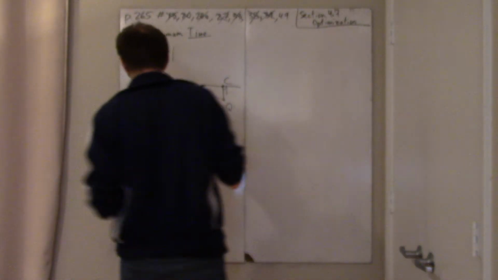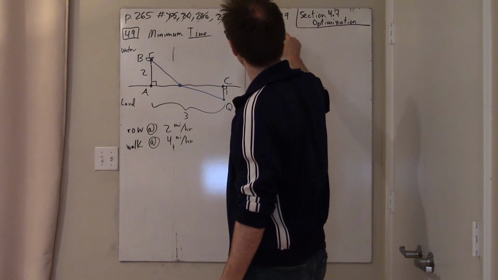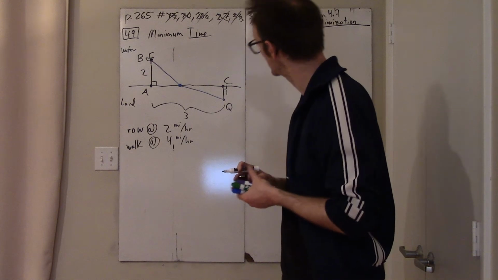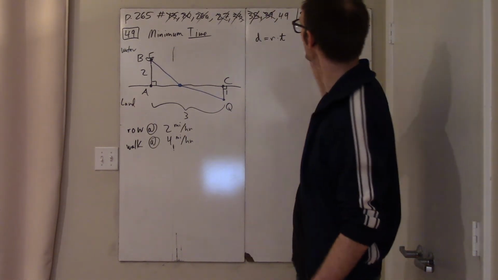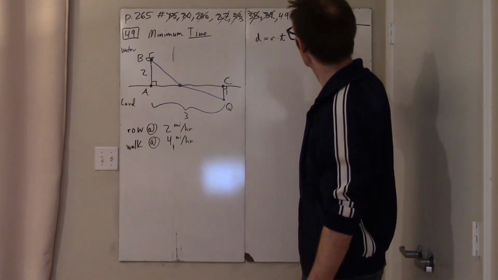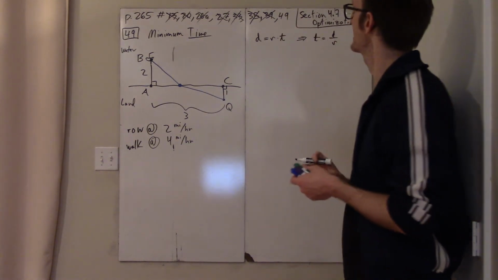This is a hard problem because the physics of the situation is distance equals rate times time. It's just what a rate is: a distance in a certain amount of time. And so if distance equals rate times time, then any given time period can be represented as distance divided by the rate at which you were going that distance.